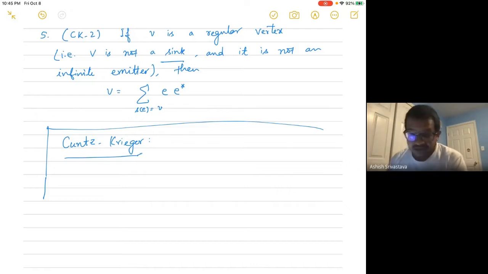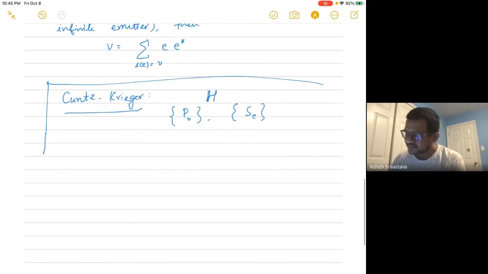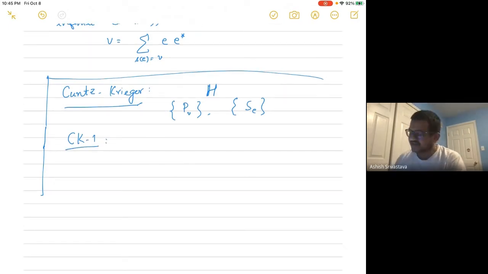If you have a Hilbert space and you have orthogonal projections, you have a directed graph, and then you are considering these orthogonal projections in the C star algebra that you get out of that, and then you have these partial isometries. Then these conditions read there.